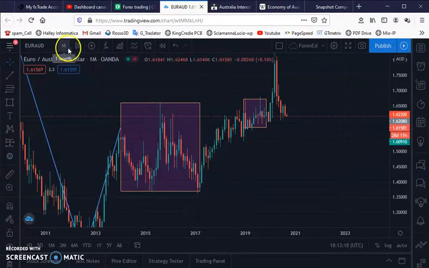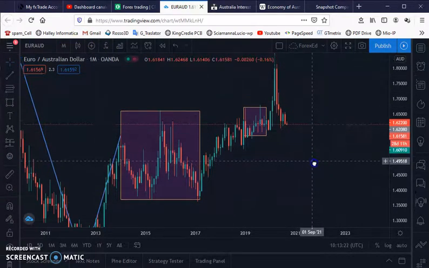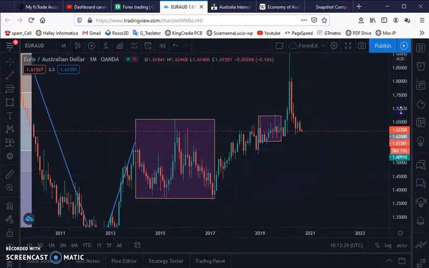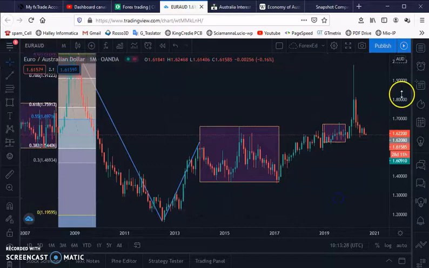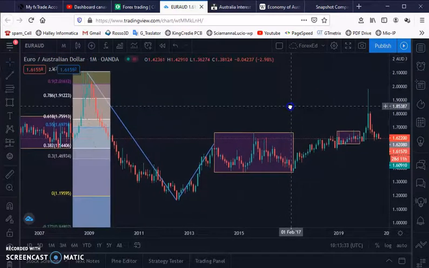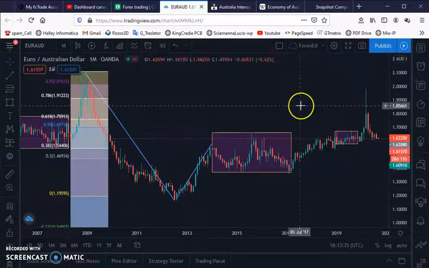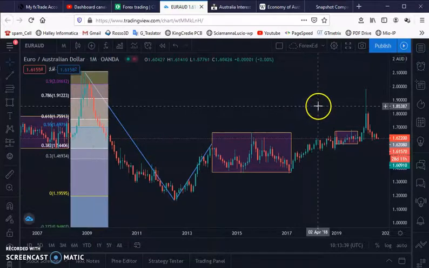The volume, I don't know, but we can see that every time a big crisis hit the world, the Australian dollar and the pair Euro Australian dollar surge in value, and therefore the Australian dollar devaluates its value.